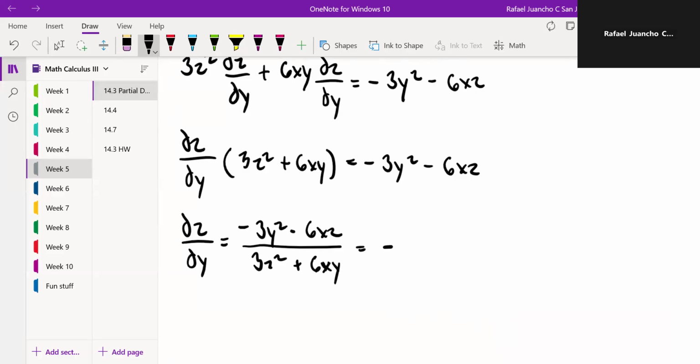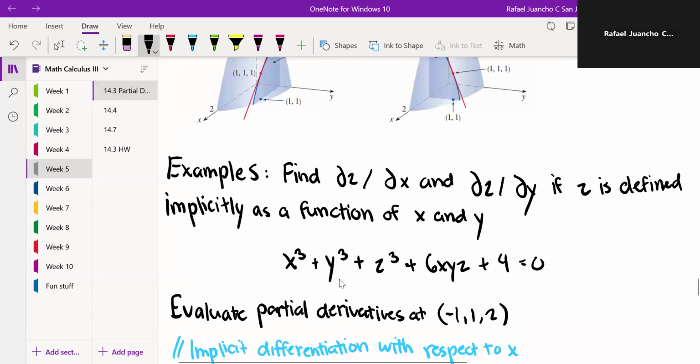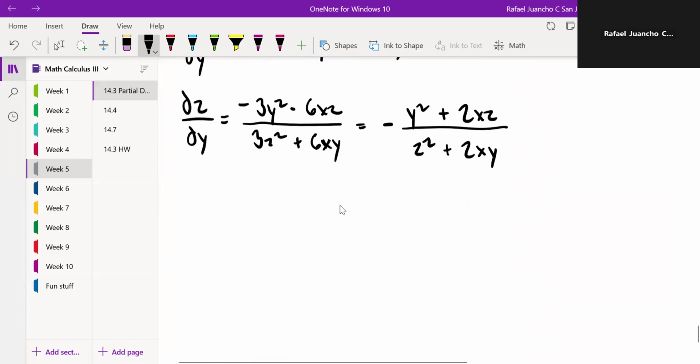So here I get y squared plus 2xz, and I divide that by z squared plus 2xy. And there we have it. Those are our two partial derivatives given z is defined implicitly.